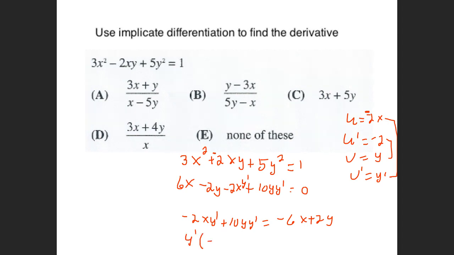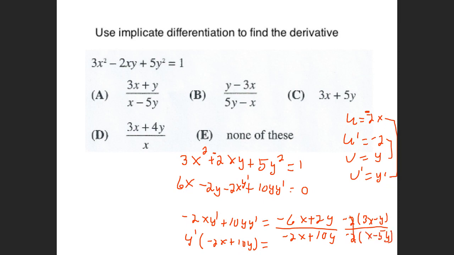So that gives me negative 2x plus 10y, and I'm just going to divide through by that. So y prime equals negative 6x plus 2y over negative 2x plus 10y. Going to factor out a negative 2 here. So that gives me 3x minus y, and if I factor out a negative 2 here, it gives me x minus 5y.